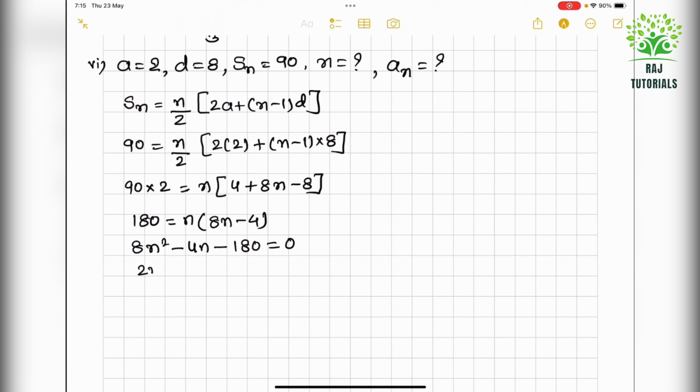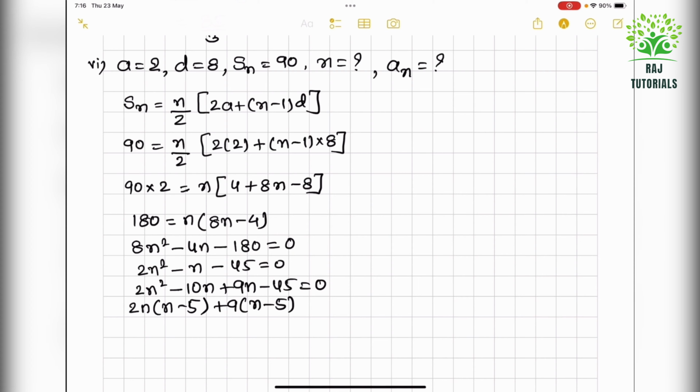We get 2n square minus n minus 45 equal to 0. So 90 is such factor whose sum is 1. So 10 and 9. So 2n square minus 10n plus 9n minus 45 equal to 0. So 2n into n minus 5 plus 9 into n minus 5 equal to 0.